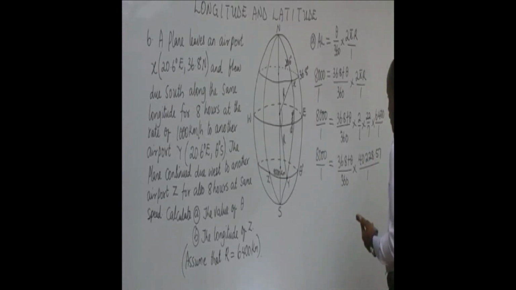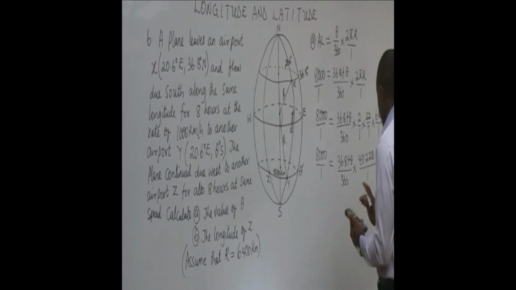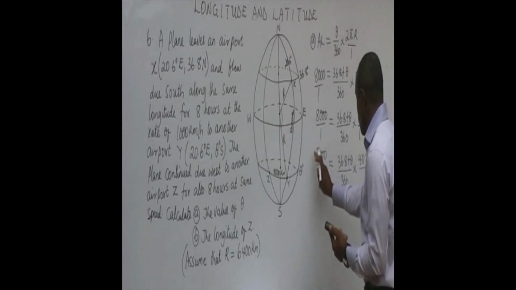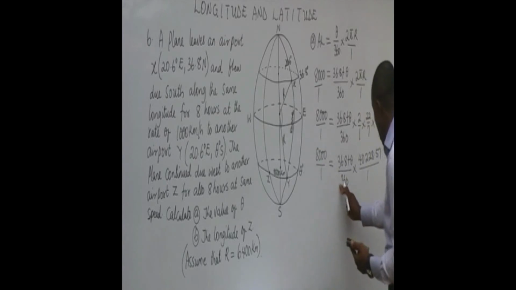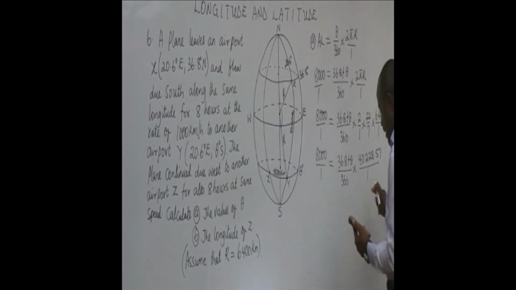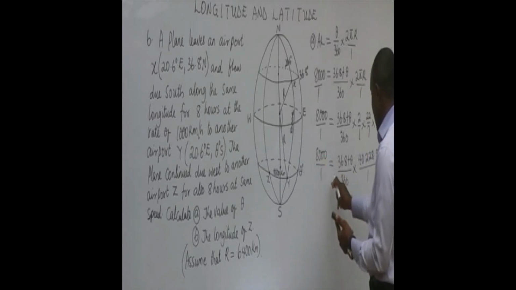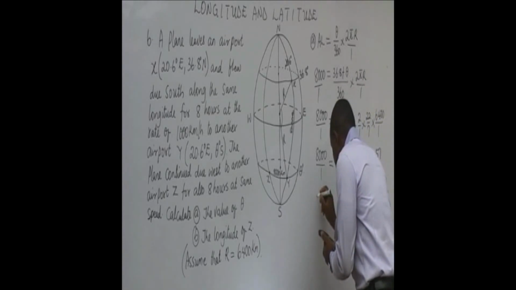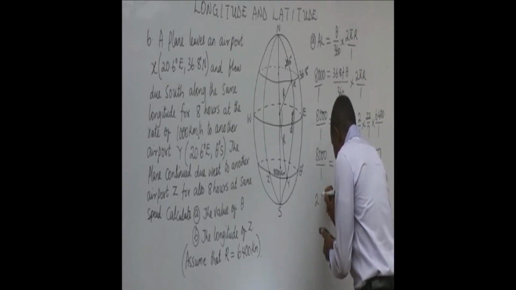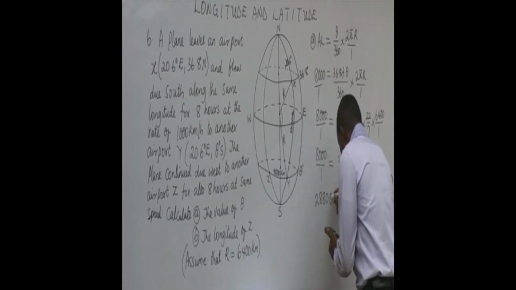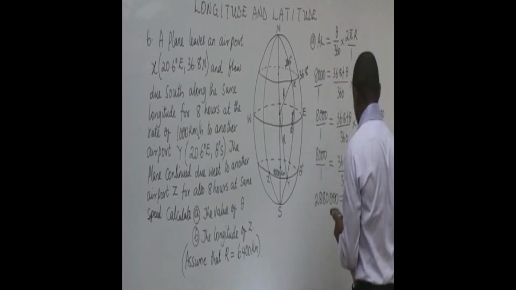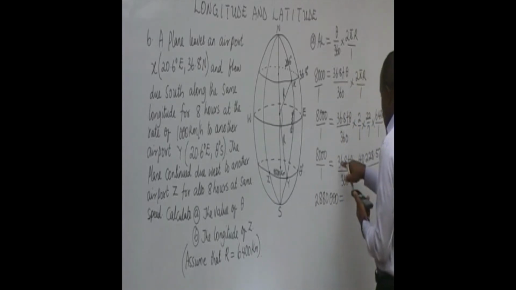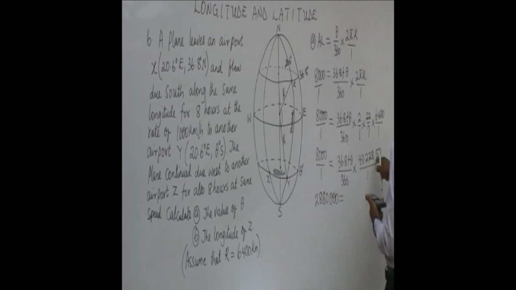Now let's multiply out. What are you multiplying out? All the things you have in the numerator on the left hand side, you multiply by all the things you have in the denominator on the right hand side. So we're going to have 8000 times 360 times 1, giving us 2,880,000. It's now going to be equal to, let's multiply 36.8 and 40,228.57.